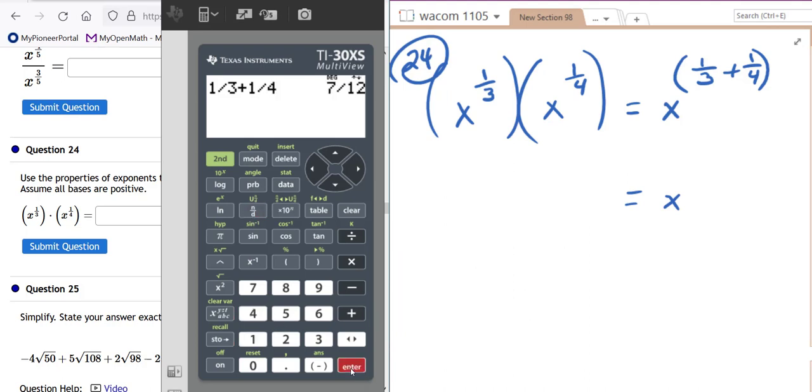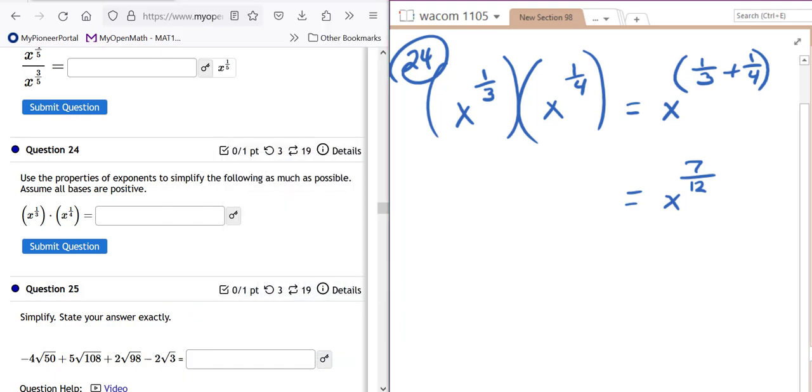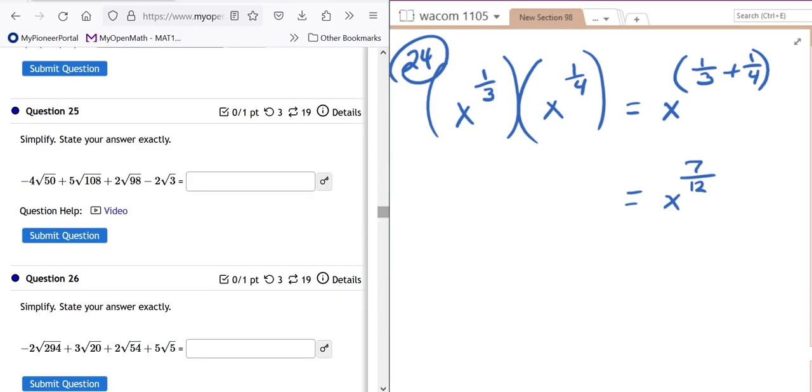We get 7/12. Good. All right, some more radical stuff.